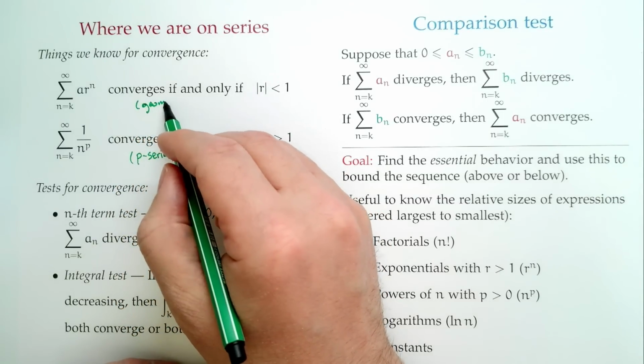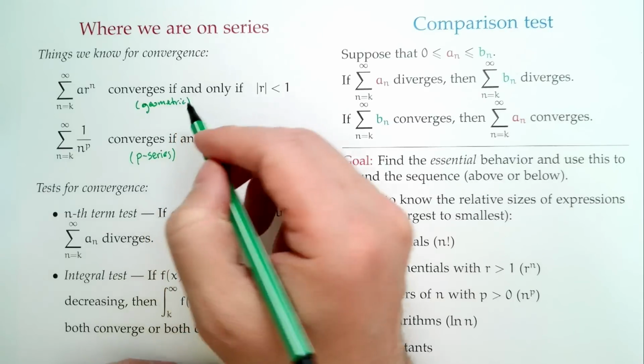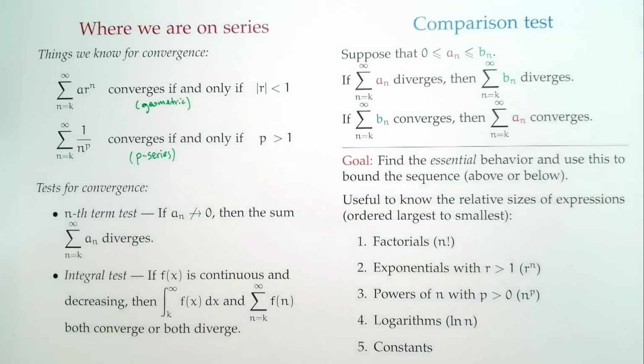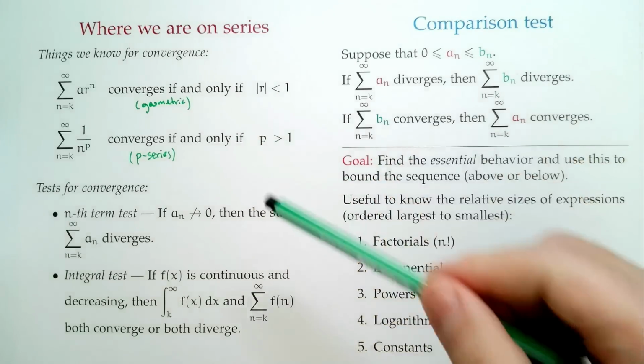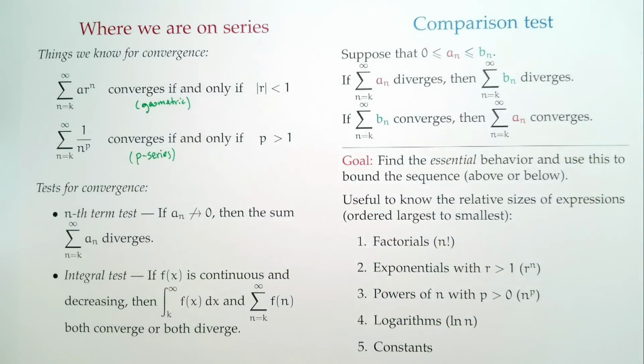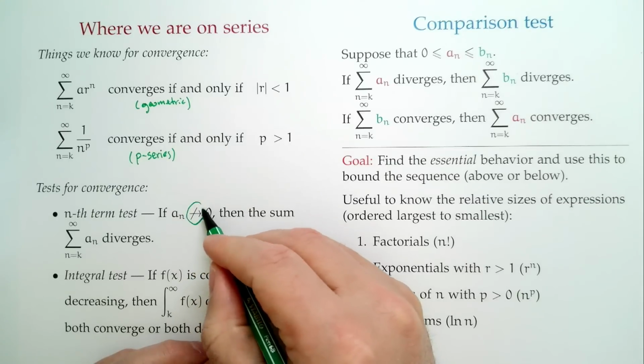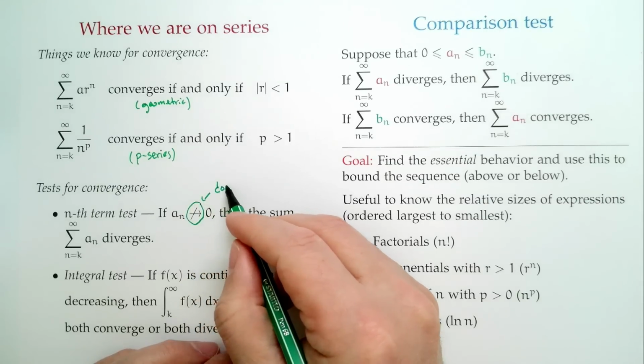So these are sort of our two go-to standards. When we want to understand something, we say, okay, how can we relate it to one of these two things? Because these are things that we know pretty well. Now we do have some tests that we've talked about before. The nth term test, sometimes called the basic divergence test, says suppose a sub n does not go to 0. So this means does not go to.